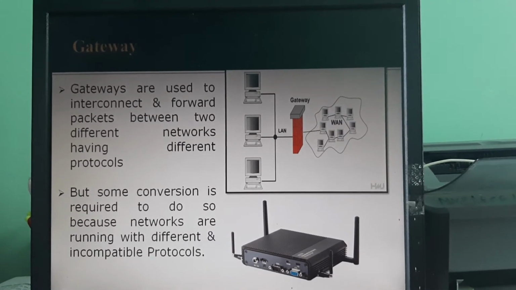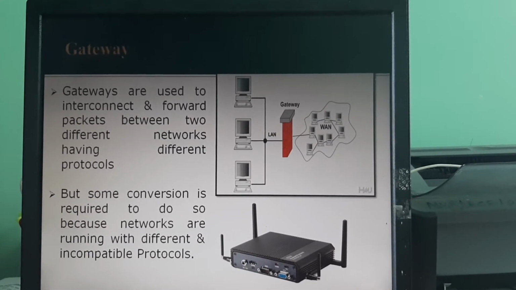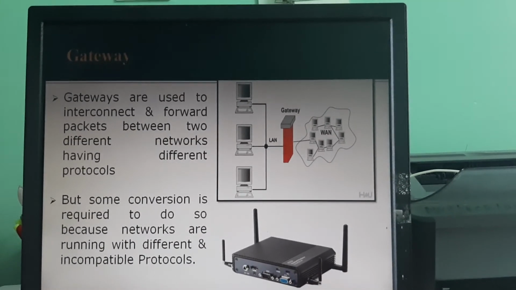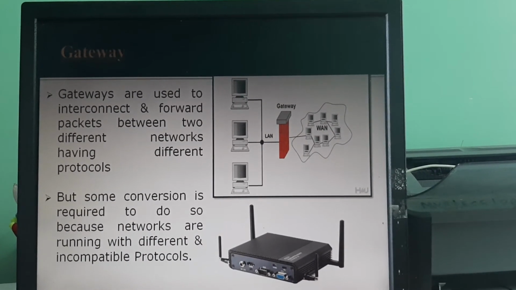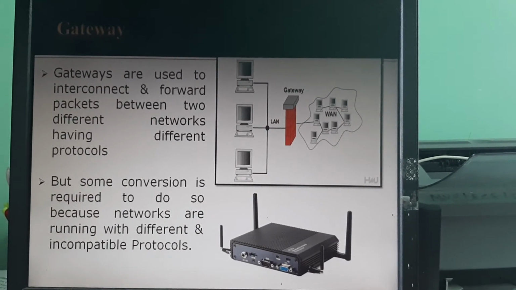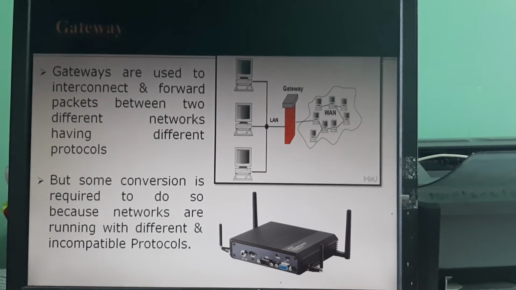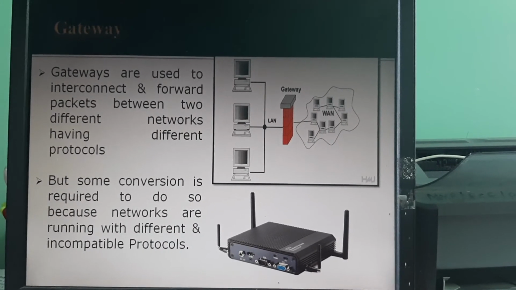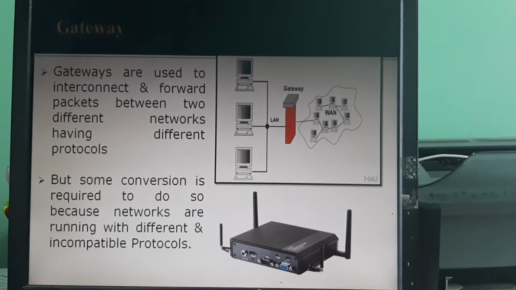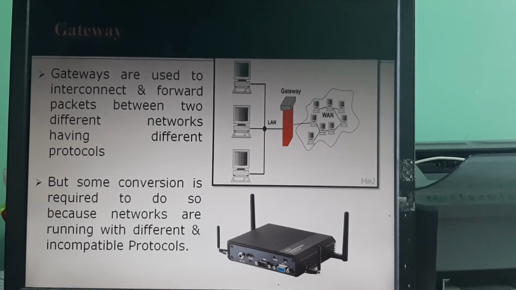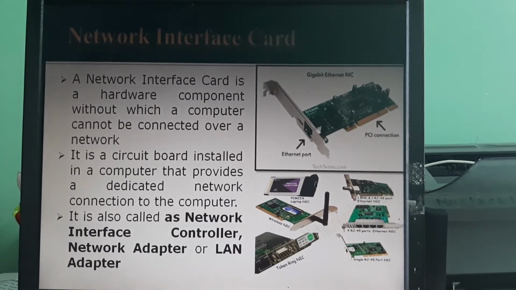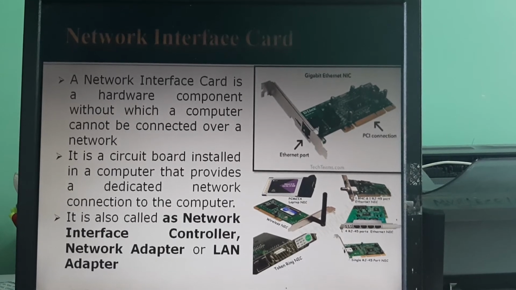I am repeating again: if the address of a destination cannot be found, it encapsulates the packet so that it can travel through other networks to identify the destination. If it is local, fine. If it is not, this gateway also provides a specific feature to identify the address of the destination. This is the gateway.